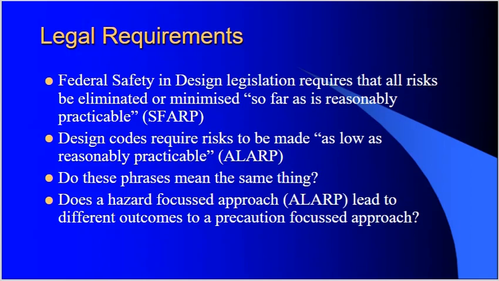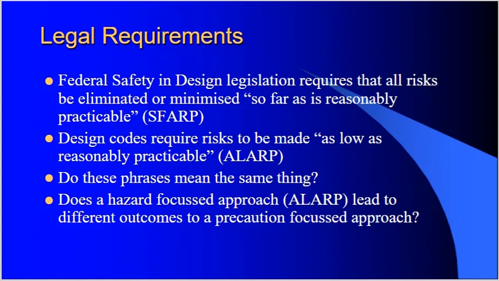So looking at how these things are handled in the legal requirements, there are legal requirements outside the design code provisions. In Australia we now have federal safety and design legislation that requires all risks to be eliminated or minimised so far as is reasonably practicable, often shortened to SFAIRP.